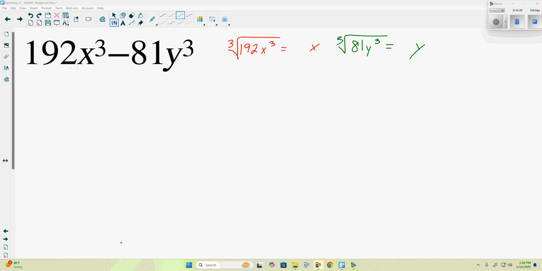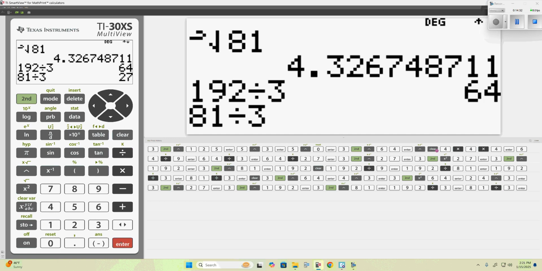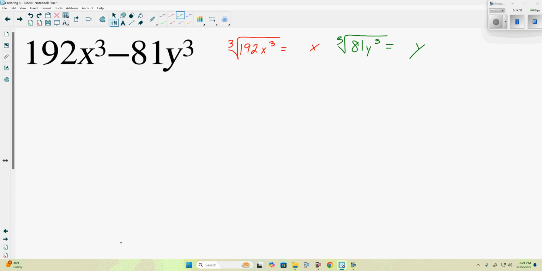So, 192, let's try 3, is 64. 81 divided by 3 is 27. So there is a greatest common factor of 3.